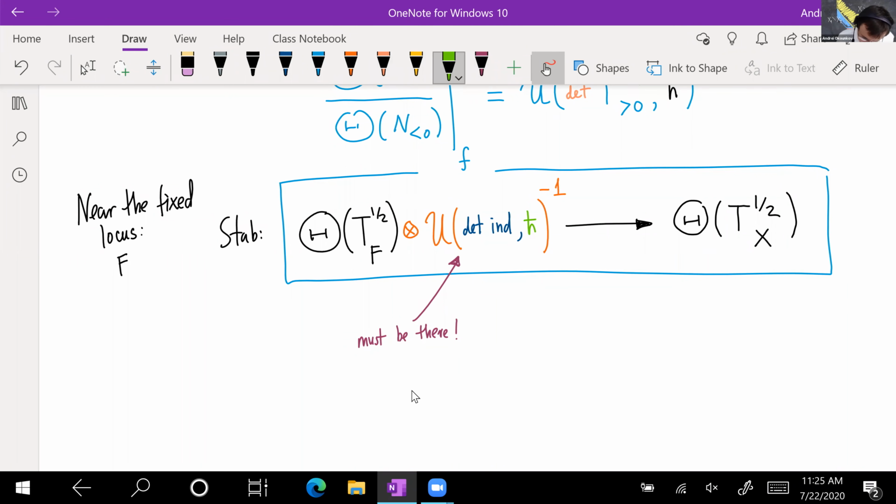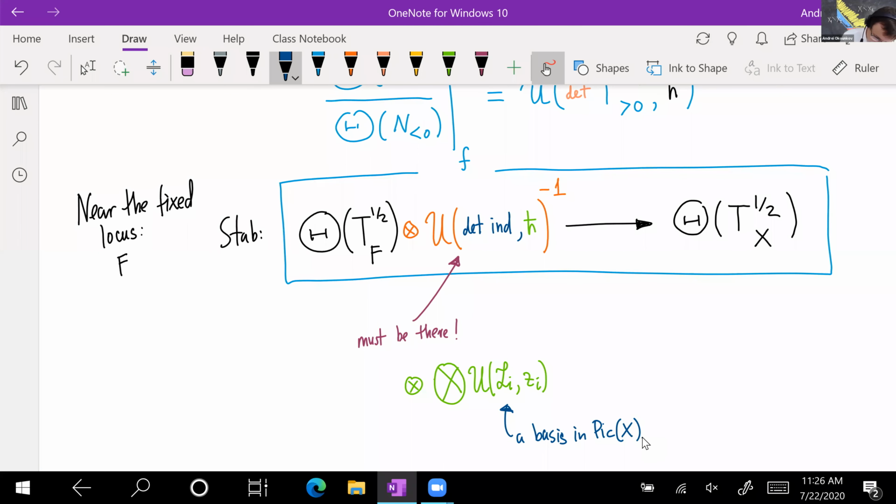So I can tensor it with any U of anything, with a product of U of some basis in the Picard group, say Z i.